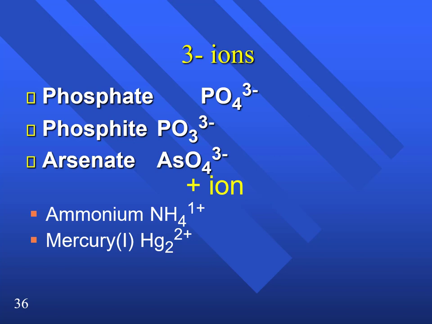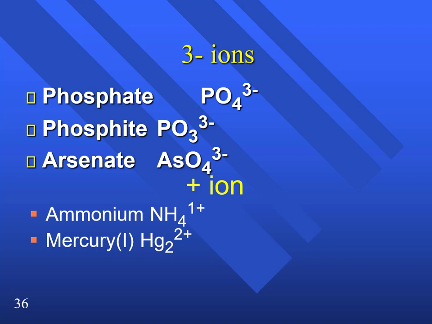When mercury forms a 1+ ion, it has to be 2 atoms stuck together. Each atom makes a 1+. So mercury 1 is Hg2 with a 2+ charge. That makes each mercury have a charge of 1. Remember, see how each mercury has a 1+ charge?